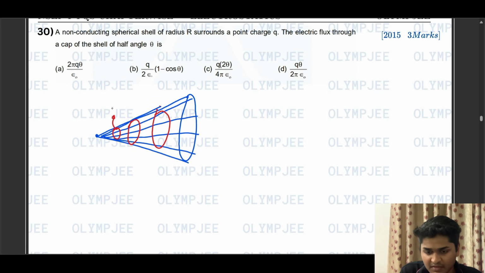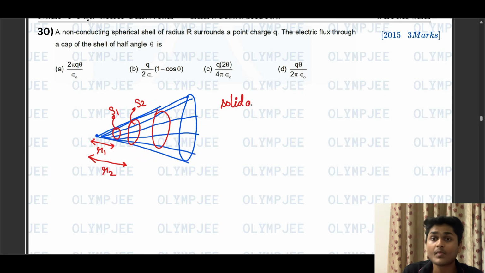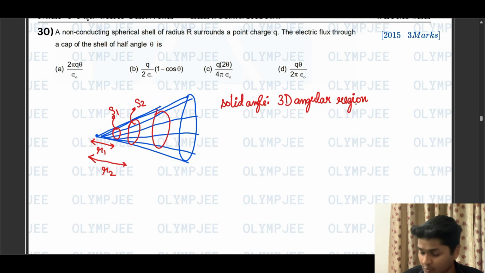The surface area of this is S1, this is S2, and the distance from the vertex is R1 and R2. So solid angle is defined as the (3D) angular region enclosed by lateral surface of cone and its vertex.